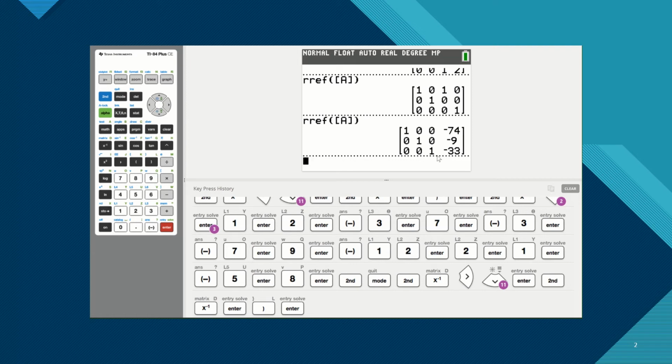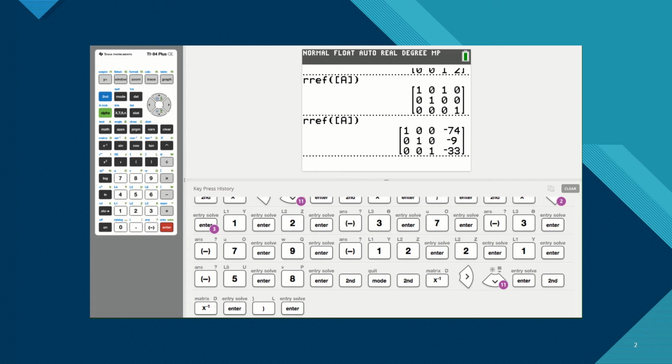You can see I'm in reduced row echelon form. And that's my ordered triple. X is negative 74, y is negative 9, z is negative 3. And if you want to substitute those in for the equations and prove that that is correct, knock yourself out. In fact, if you're on a test, that's probably what you want to do, is plug it back in and do a quick check.